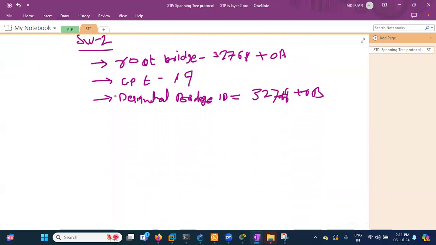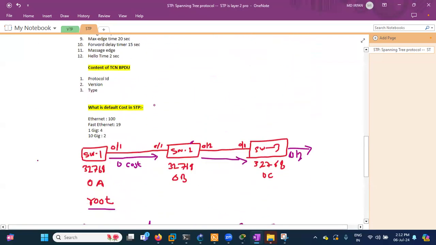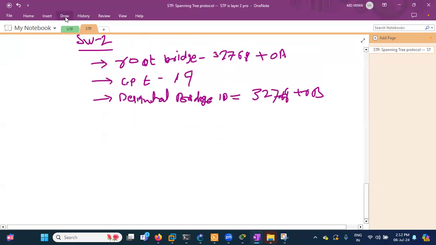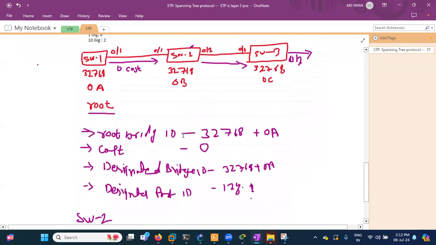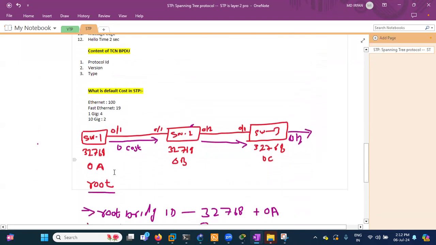Now one more thing I would like to explain, what is a superior BPDU. For switch 3, what would be the cost? It would be 19 plus 19 to reach here. And the designated port ID would be 128.2?